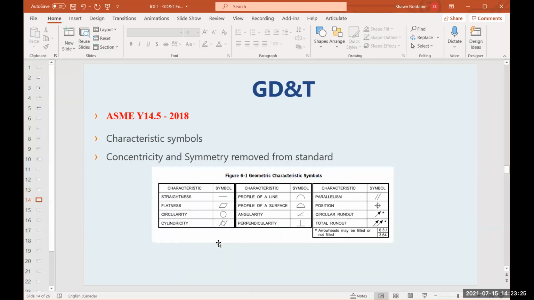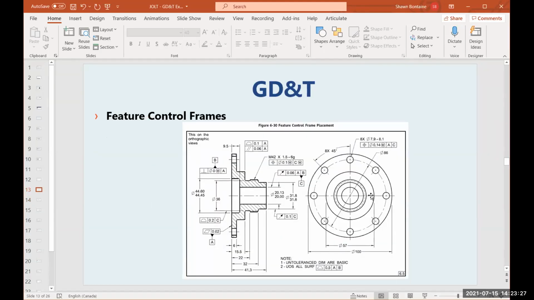The next thing, oh, I apologize, I went over the first couple methods. So: attaching it to the actual feature related callout using a leader that points to either a surface or a feature of size, and bringing an extension line up from a surface where it appears as an edge. The fourth common way of applying a feature control frame is attaching it to the physical feature of size and bringing an extension up and attaching it to an extension of the dimension.